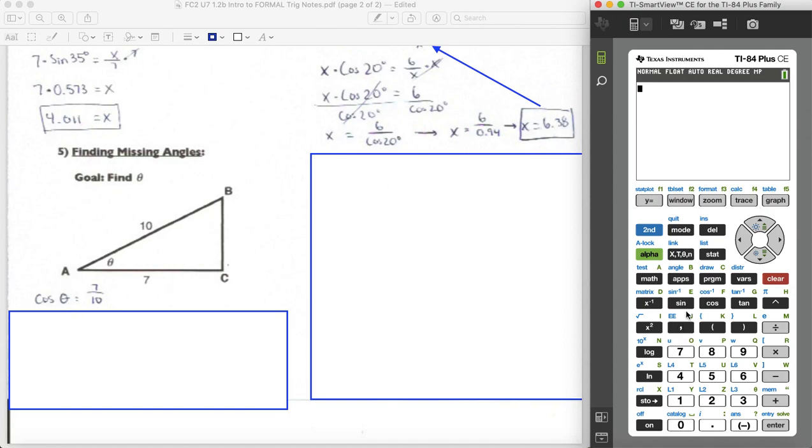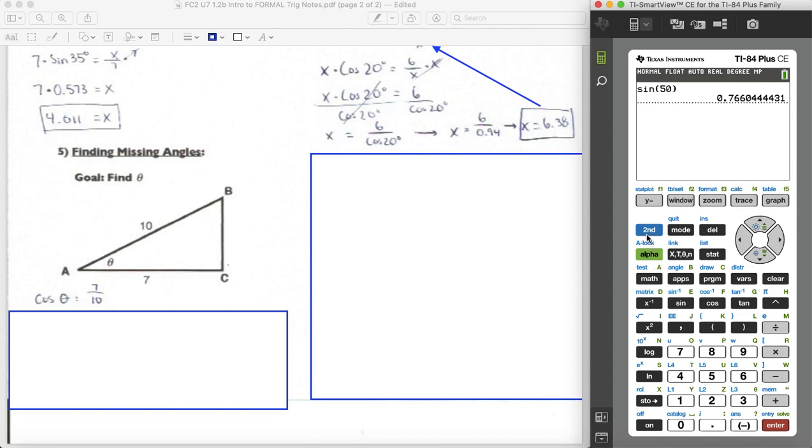So let's say the sine of 50 degrees is 0.766. Okay, cool. What if I want to undo this, right? What if I want to undo the sine of 50 and just get my angle by itself? I'm trying to isolate the angle just like I'm trying to isolate theta here. How can I do that?